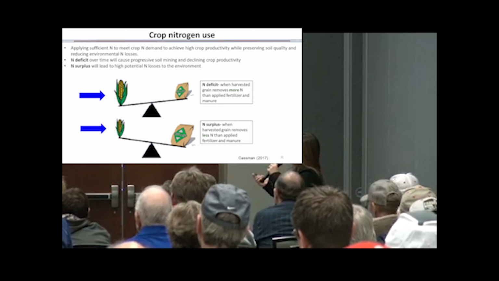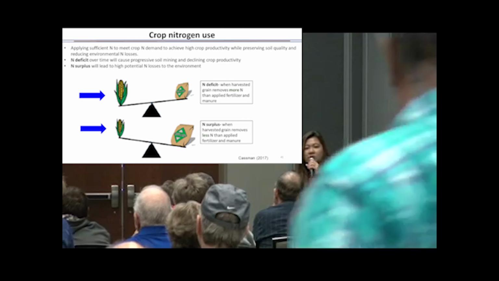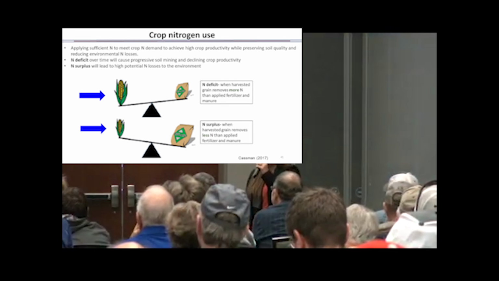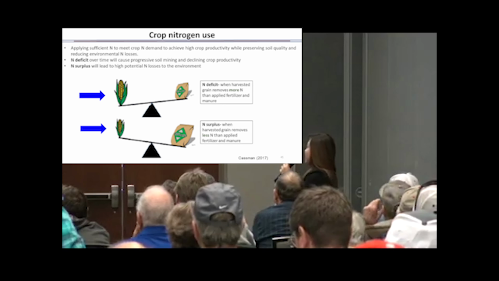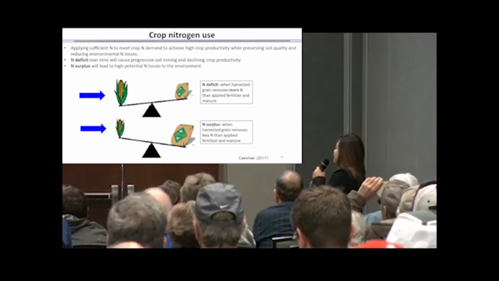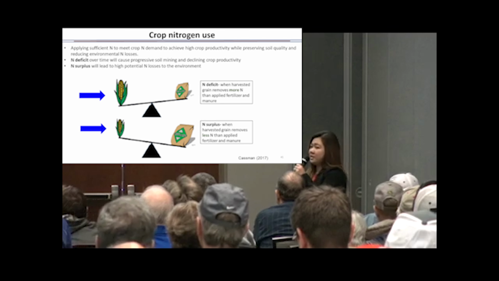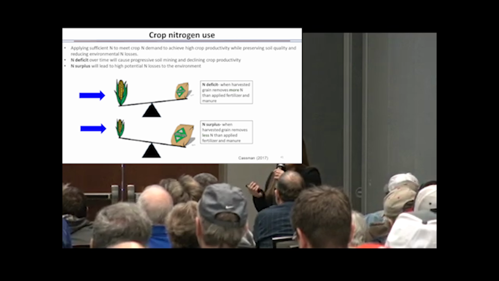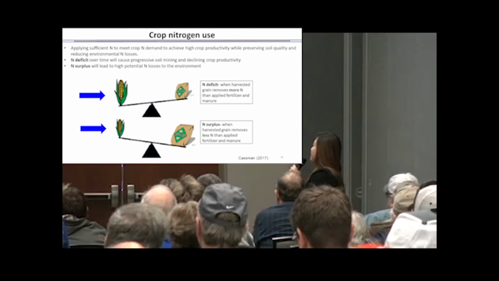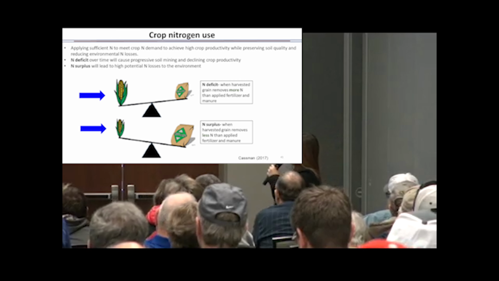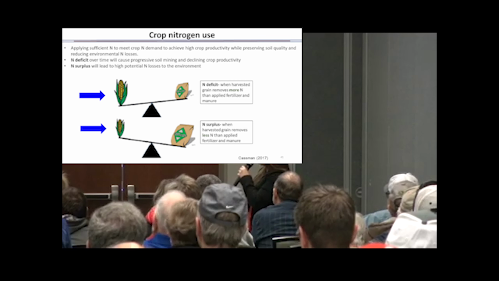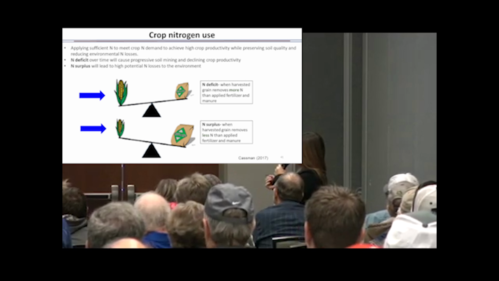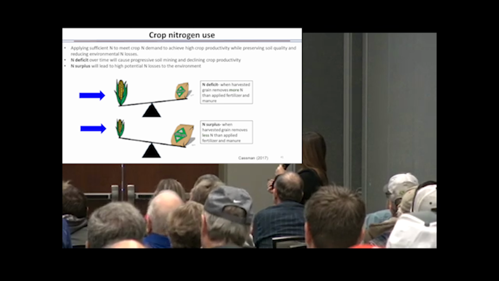And one good indicator of the potential nitrogen losses to the environment is this nitrogen balance approach in corn. So for this approach, we have this assumption that the indigenous nitrogen is in steady state, which is mostly the case of the soil here across the US corn belt. So with this assumption, we could estimate the nitrogen balance as the difference between all of these nitrogen inputs and the grain nitrogen removal.